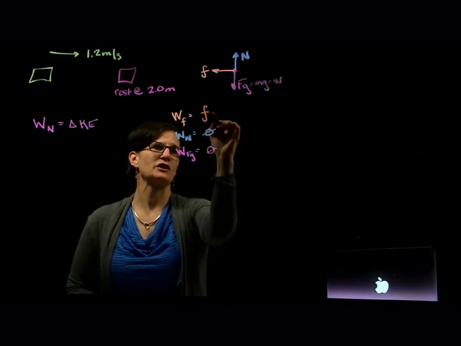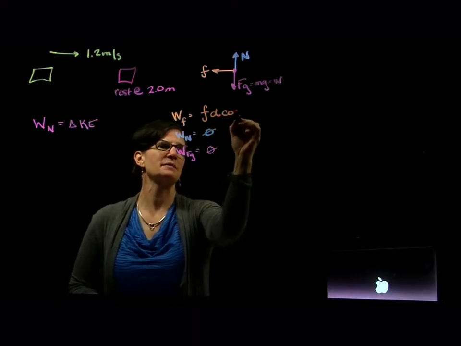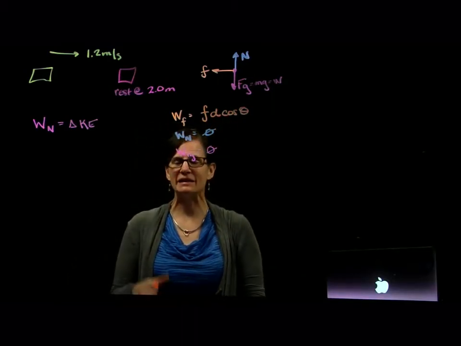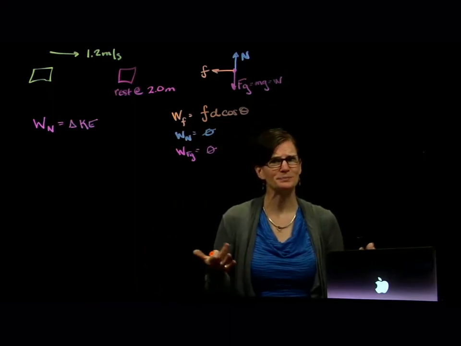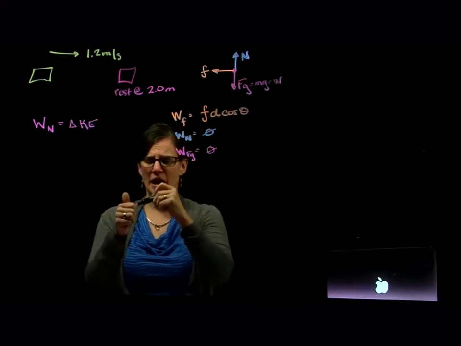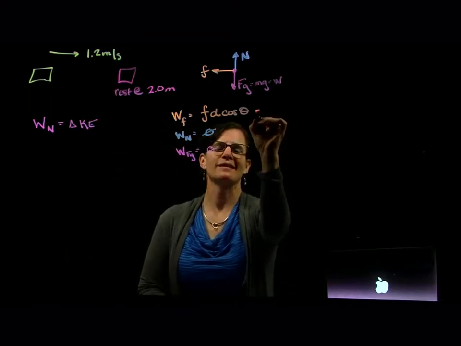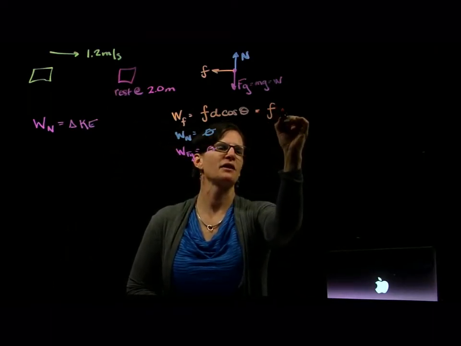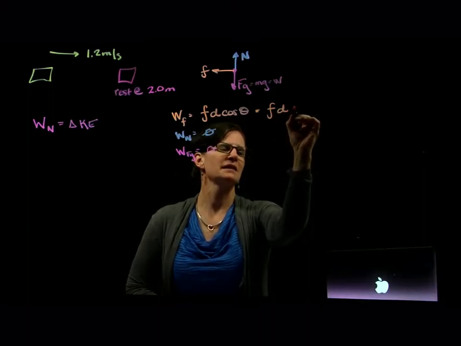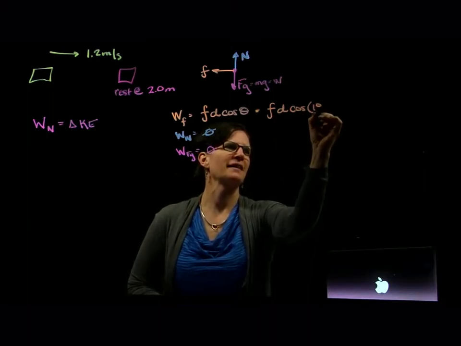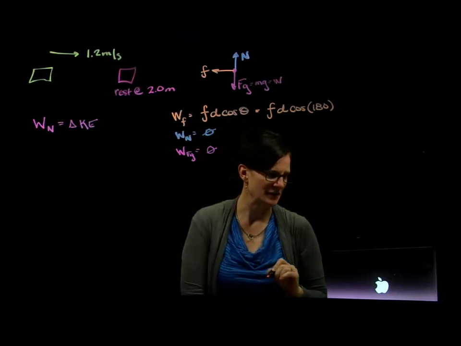That's the friction force times the displacement times the cosine of the angle between the force and the displacement. That angle is 180 degrees, so we have the force times the displacement times the cosine of 180 degrees.